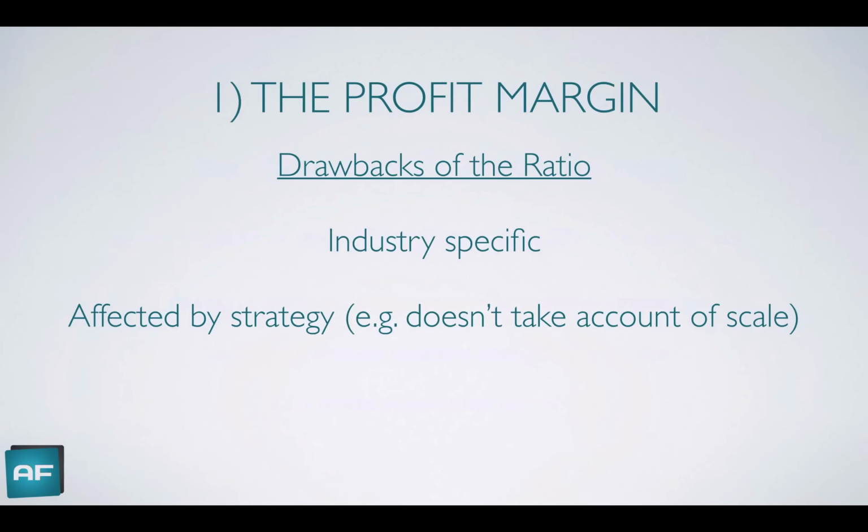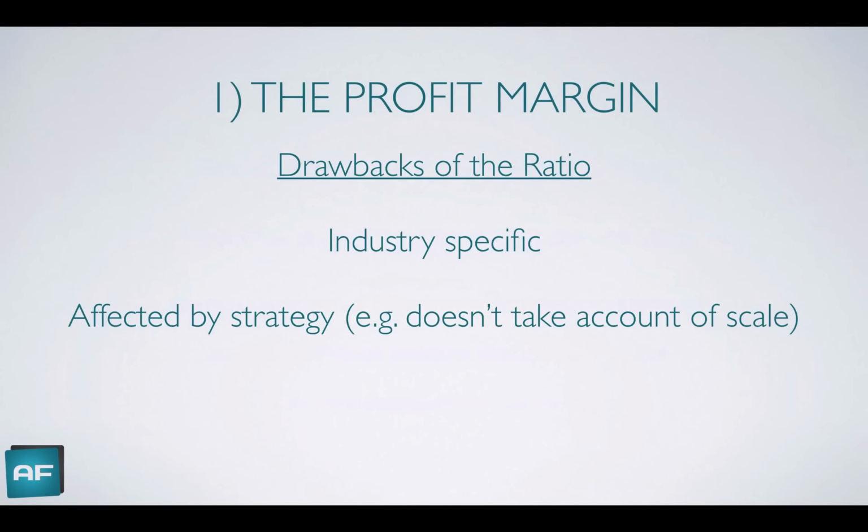So it's sometimes a bit difficult to compare businesses based on profit margin across industries. And secondly, the profit margin can also be affected by strategy, and the ratio doesn't take account for that.